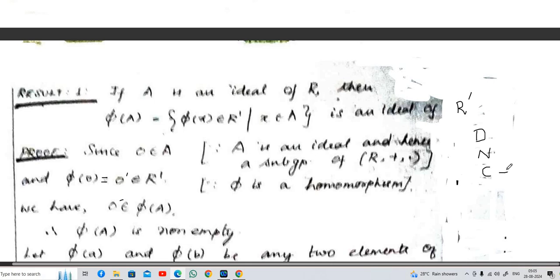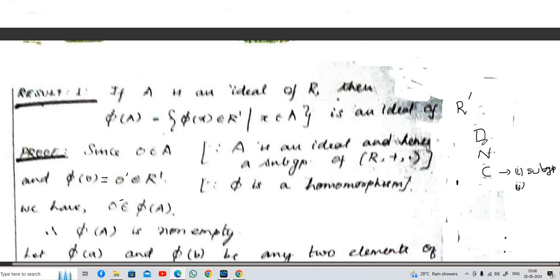For an ideal, the conditions are, first, it should be a subgroup under addition, and then for every r in R, u in U, both ru and ur should be present. So these two conditions will come under the criterion.